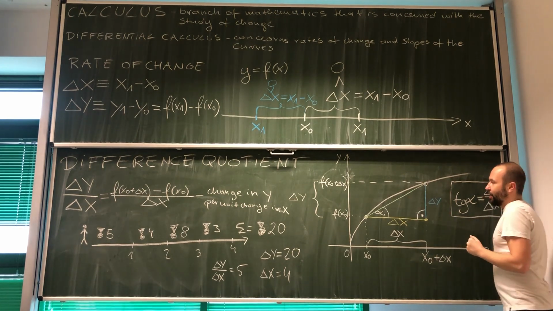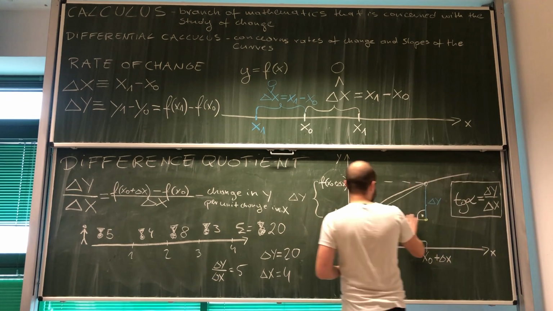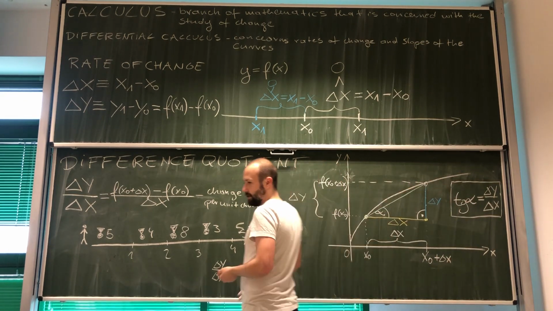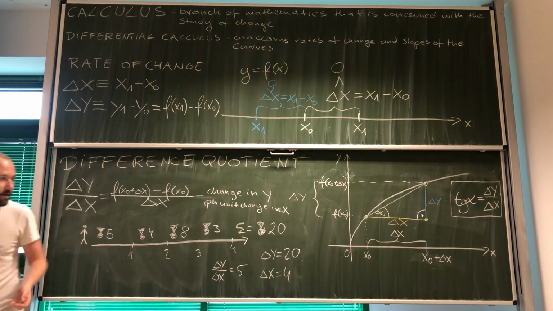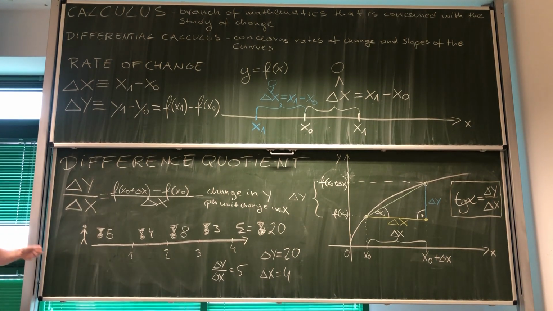Now, because we are using this triangle and hypotenuse over here, we are not getting precise information. Why?